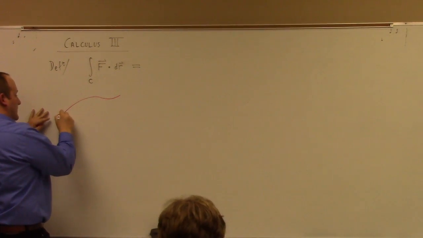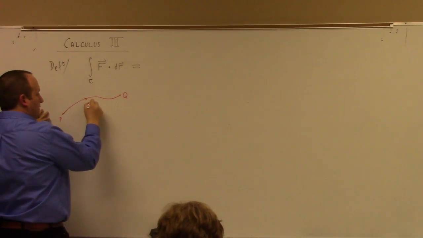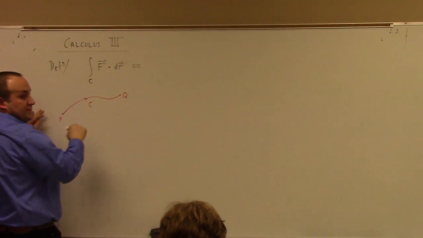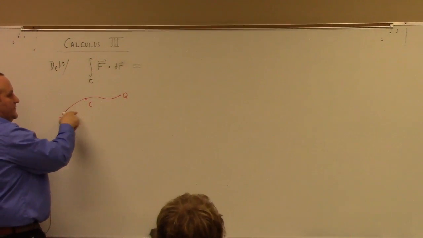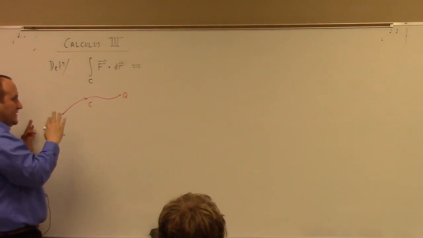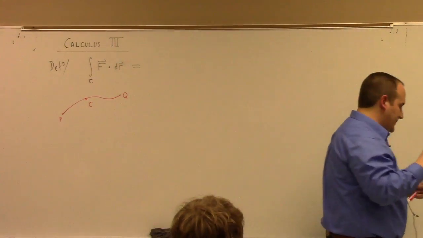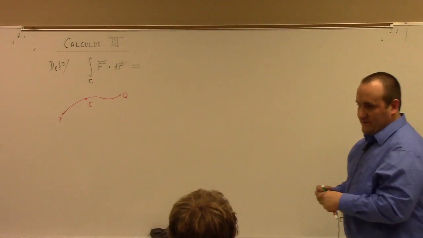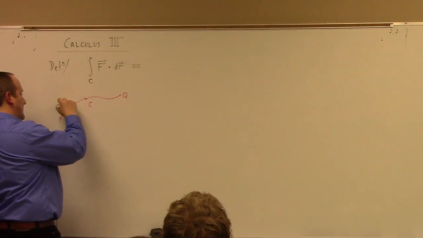It goes from one point, let's say P, to another point, let's say Q. And we've got some path that goes from P to Q. Now, I also want to suppose that I have a vector field which is reasonably well behaved close to the curve. So you could draw a picture of the vector field as it's attached to the curve. Maybe it looks like this. I don't know.